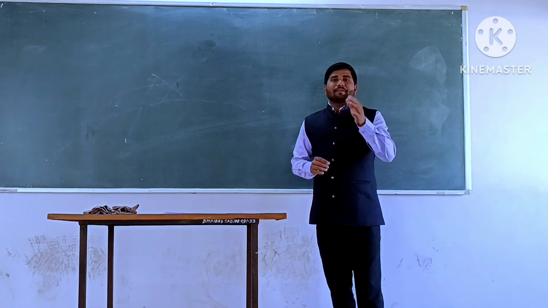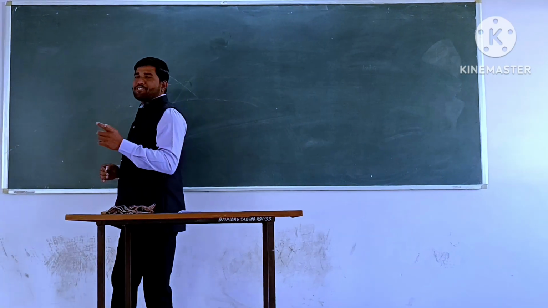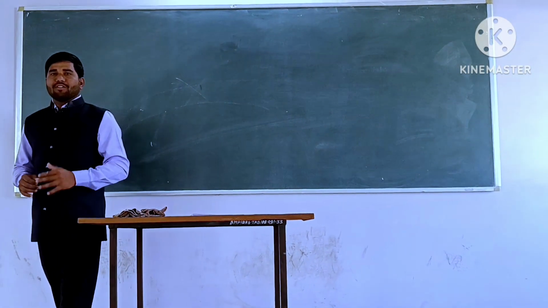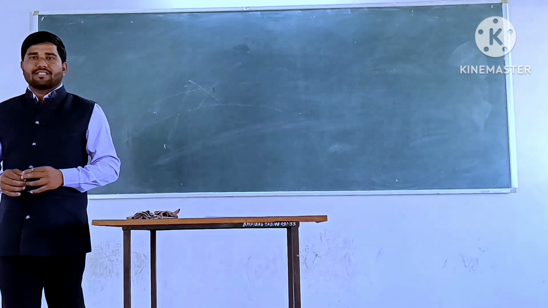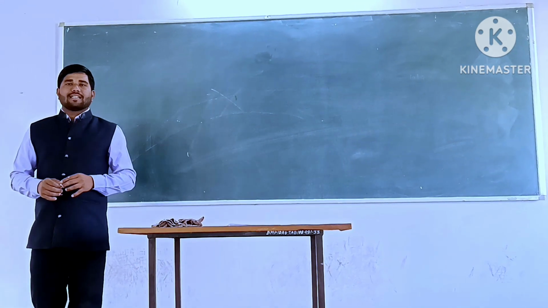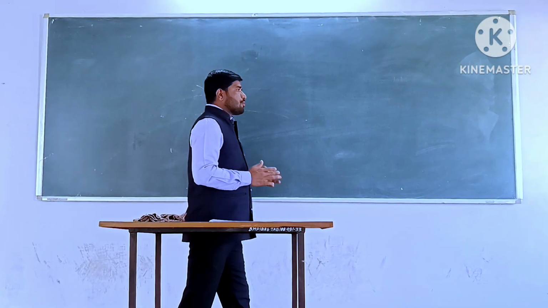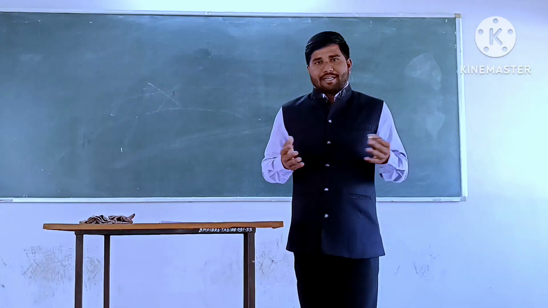We know that in our previous lectures we learned the concept of extraction of metal from the ore. For this extraction process, there are main methods, and those main methods are nothing but crushing, concentration, and refining.